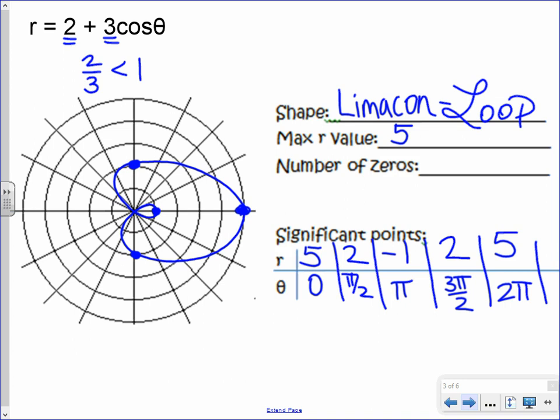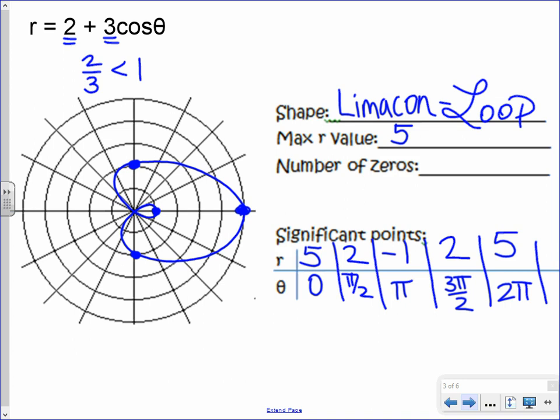I'm not going to give you an exact way to figure out how bumpy those are. Just don't make them too extreme. Don't make them too little, but don't make them really big. Make it so it's an ovalish shape if we were to exclude the loop.